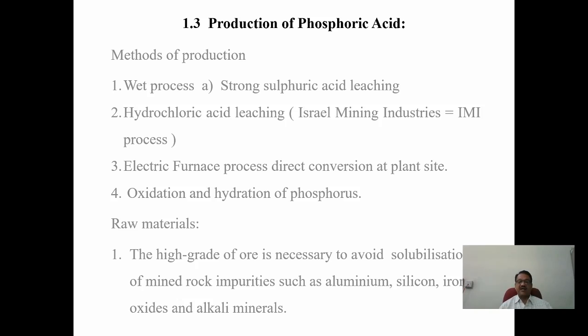Then the electric arc furnace process, where direct conversion of phosphate rock into phosphoric acid takes place. And the fourth one is oxidation and hydration of elemental phosphorus.